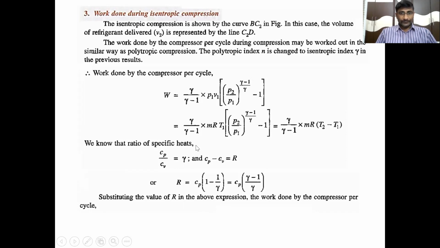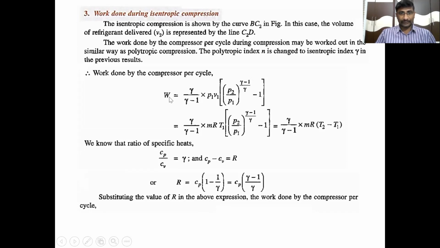We know that the ratio of specific heats Cp/Cv equals gamma, and Cp minus Cv equals R. Or capital R is equal to Cp into (1 minus 1/gamma). Taking Cp common, here 1 remains, and here Cv/Cp remains. Cv/Cp is 1/gamma. So Cp into (gamma minus 1)/gamma. So R into gamma/(gamma minus 1) can be replaced by Cp.